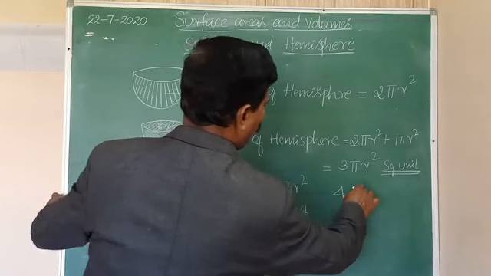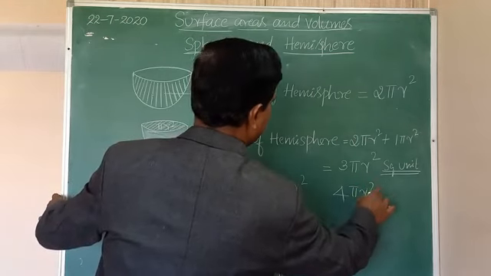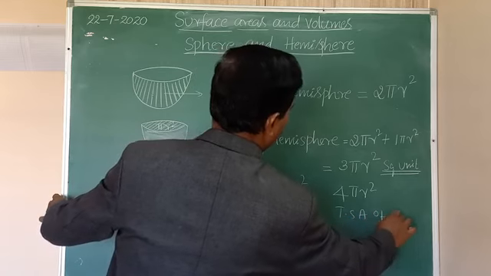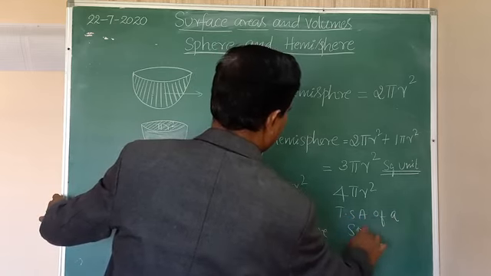And this 4 pi r square is the total surface area of a sphere.